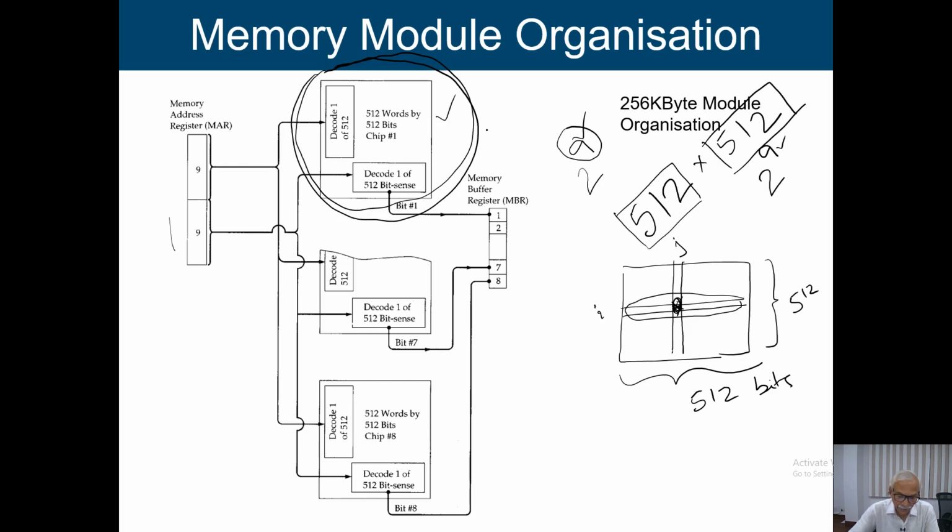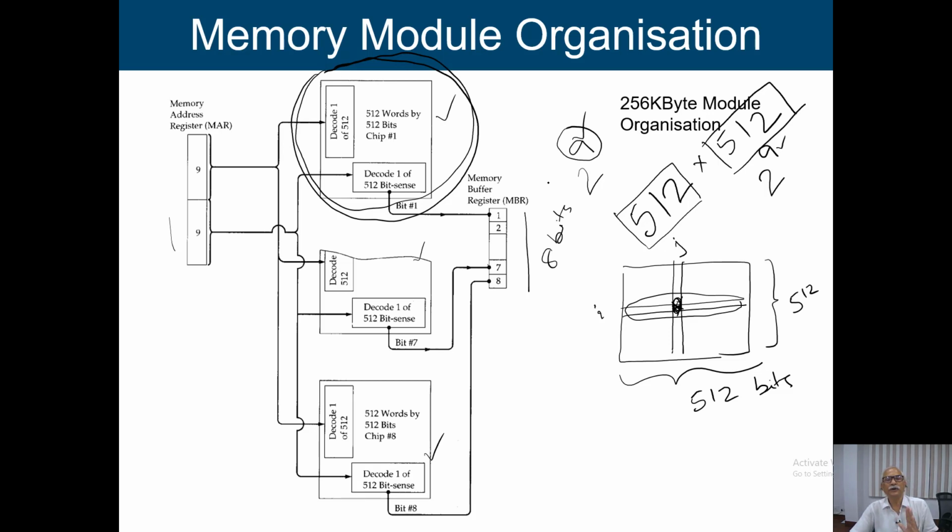This is the first memory chip, this is the second memory chip, and like that we are using a total of 8 such memory chips. From every chip we get 1 bit of information, so in total we collect 8 bits, and these 8 bits are connected to the MBR, the memory buffer register.